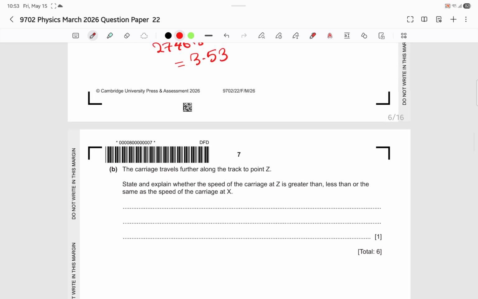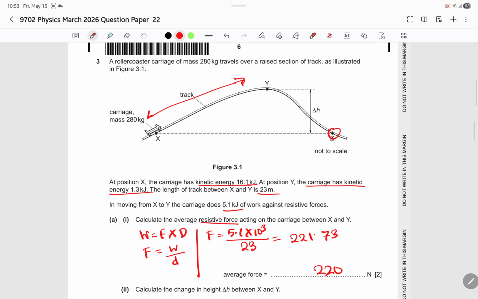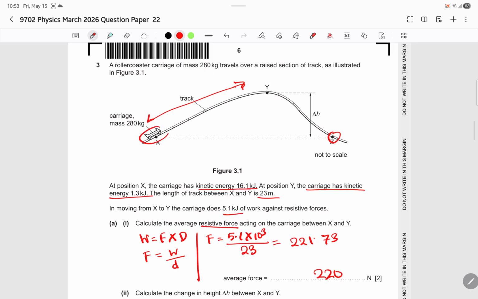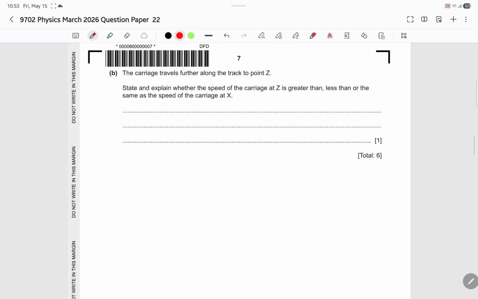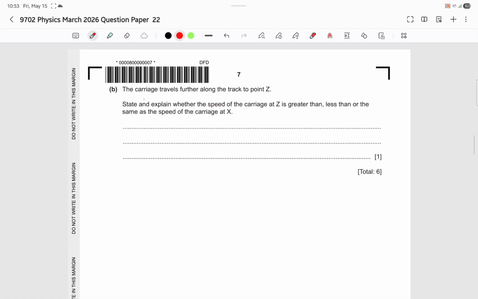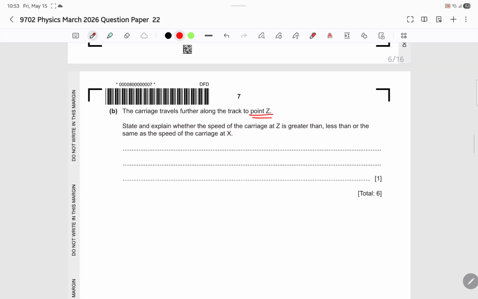The overall kinetic energy at Z will be lower, because at X it's already moving at a speed, but at Z it's about to stop. The carriage travels further to point Z, which means at Z it stops, so its speed is decreasing, it's decelerating.